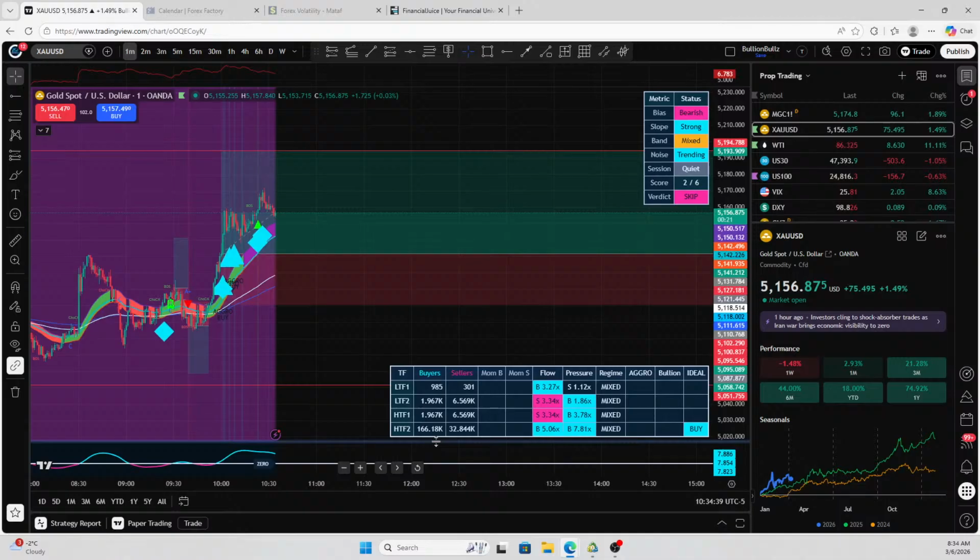Like 2 is actually the trigger point for us to ensure that we are looking for a trade in the right direction, right? That's the type of pressure we want on the higher time frame for us to then start looking for a trade, for our setup to form.